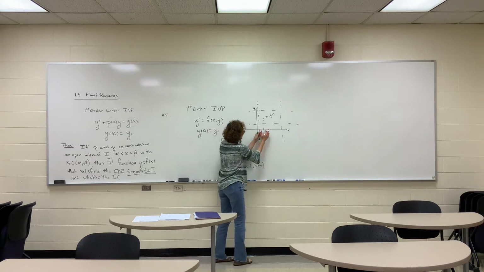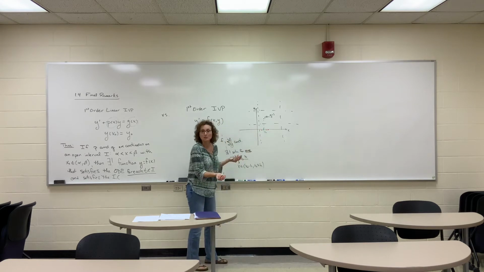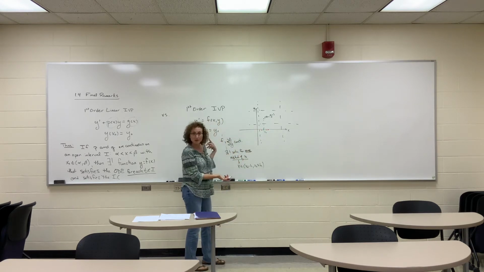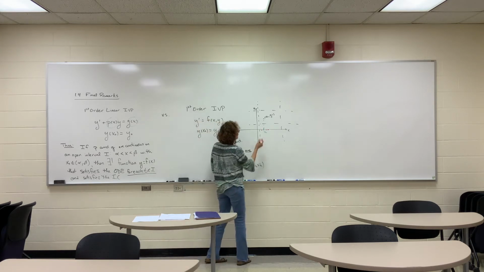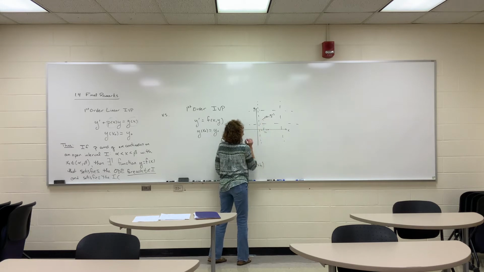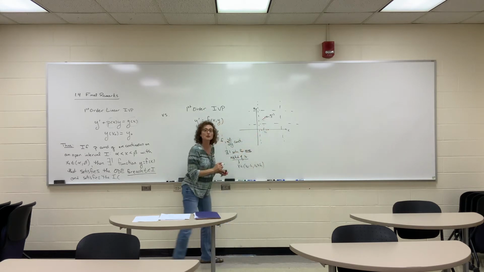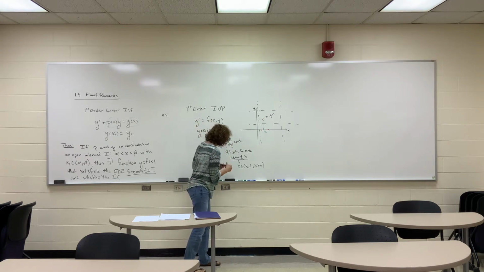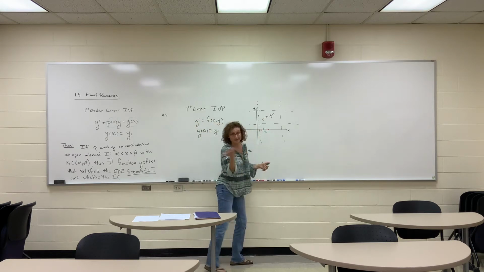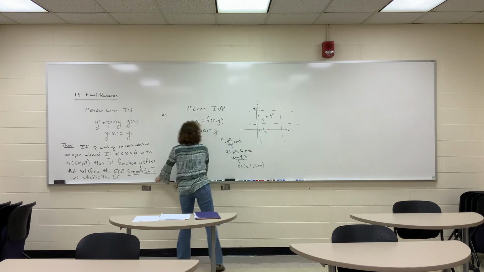You can't guarantee that you can go the entire distance where these functions were continuous. And that's kind of weird and crazy. So you can only maybe guarantee you've got a unique solution on some small region nearby, but you don't know what happens out beyond. So let's take a look at an example of what that would mean, okay?